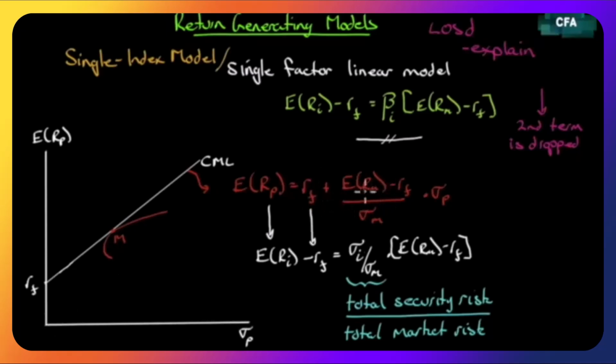But on this capital market line, we should be able to price any combination of the risk-free asset and the market portfolio. When we combine the risk-free asset and the market portfolio, we're really creating a new portfolio, a new asset. So we can put it here and we can use the capital market line to price it out because we know the slope. We know the slope of the line.